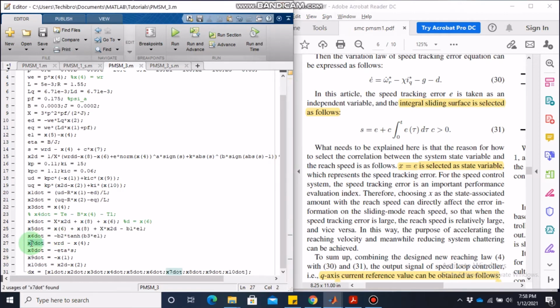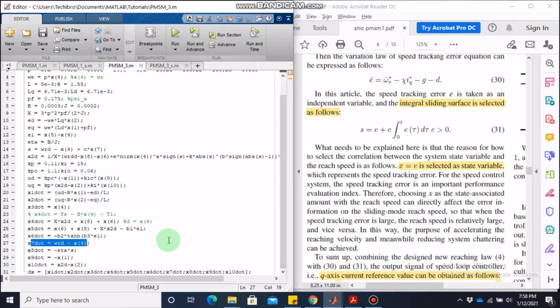The derivative of x7 is equal to error. So this is error: omega r desired value minus x4. x4 is the actual value of omega r. So desired minus actual value of omega r is the error. And if x7 dot is equal to error, then x7, the seventh state variable, will be the integral of error. So that is the logic of integral control.